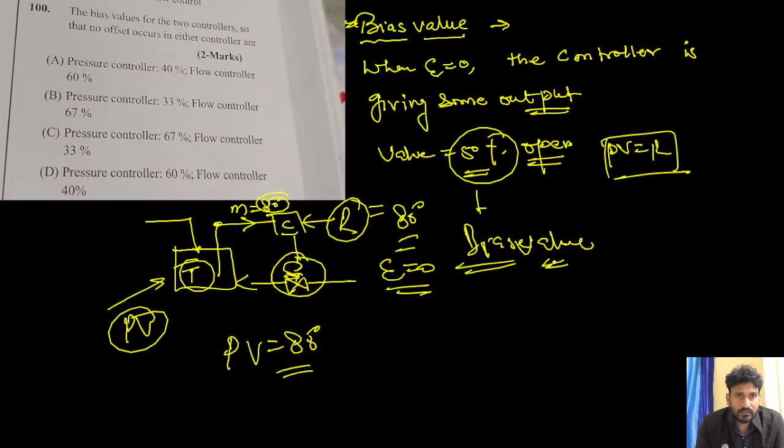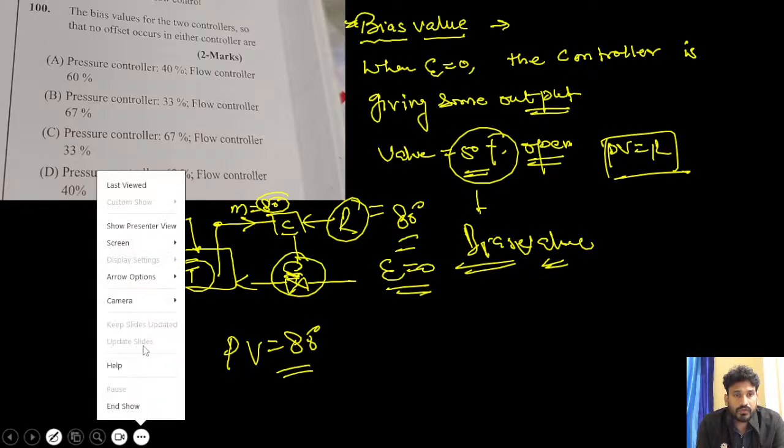Now, we already studied the cascade thing, na? We already studied the cascade thing. So what do you think in the cascade control? See, in the cascade controller, there are two types of controller, which we studied: the primary control, secondary control, है ना?